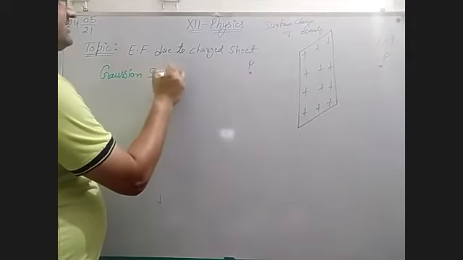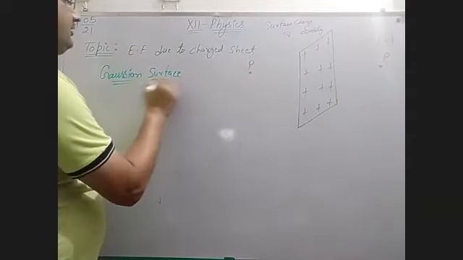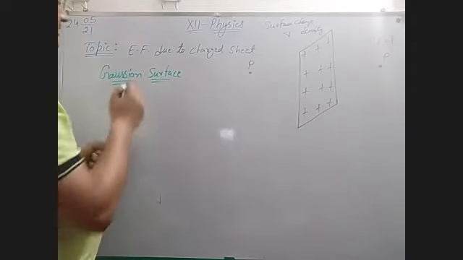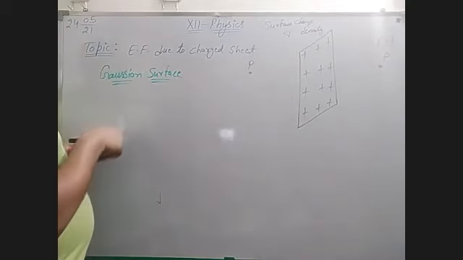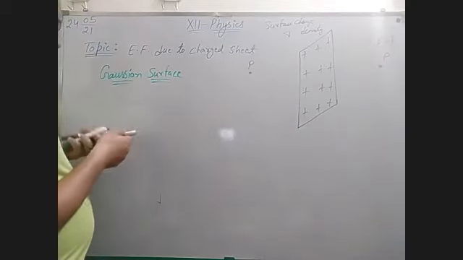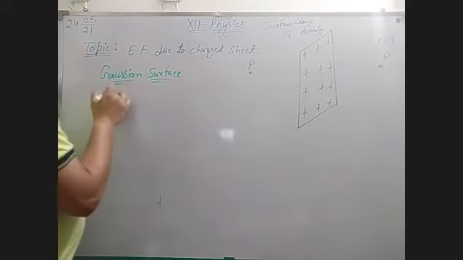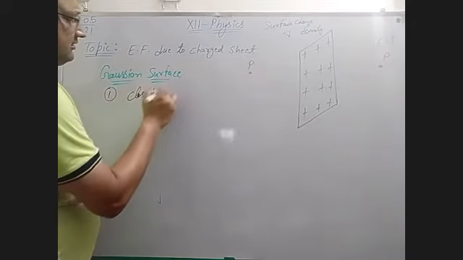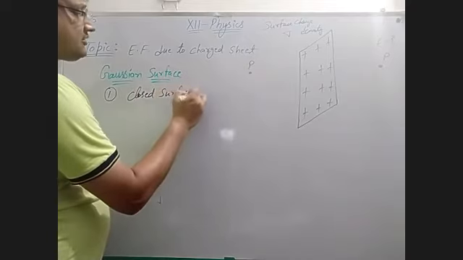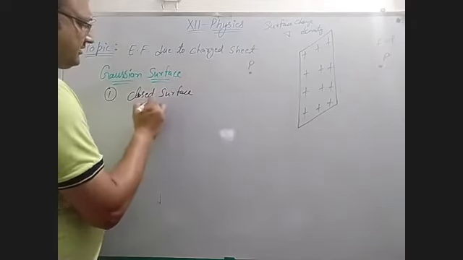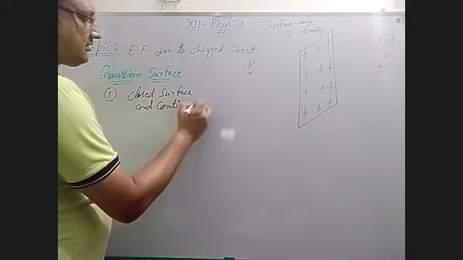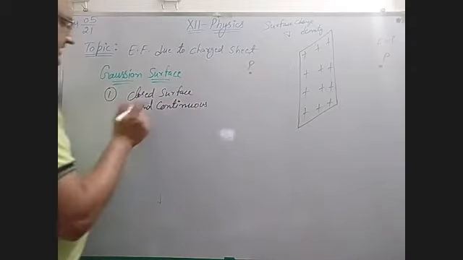What is this? You had already read about equipotential surface, but this time it is a Gaussian surface. A Gaussian surface is nothing, only a closed surface. Closed and continuous. These are the conditions.